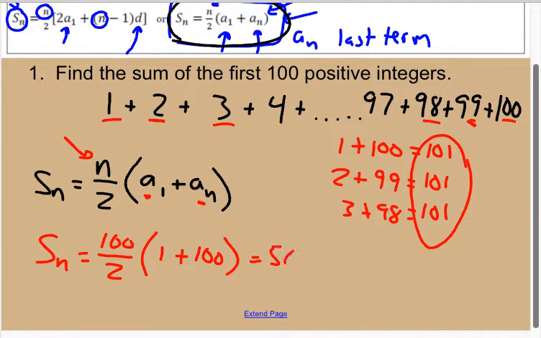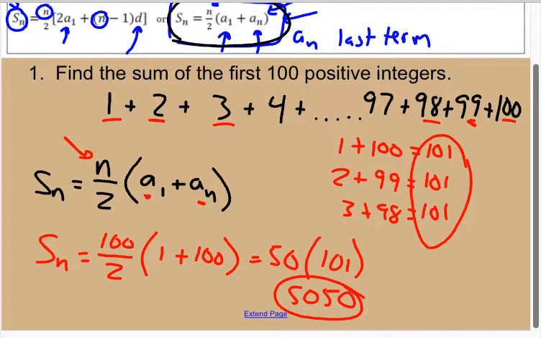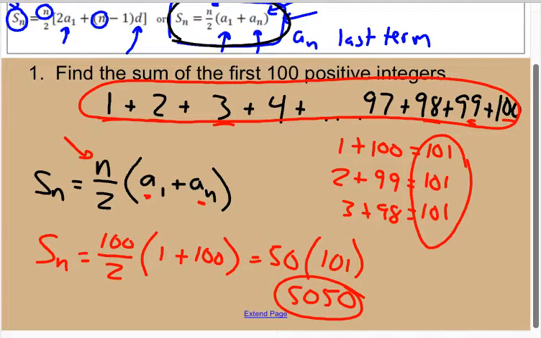This is going to equal 50 times 1 plus 100 is 101. 50 times 101 is 5,050. So the sum of your first 100 positive integers is 5,050. And that's a little bit of the background of this formula right here.